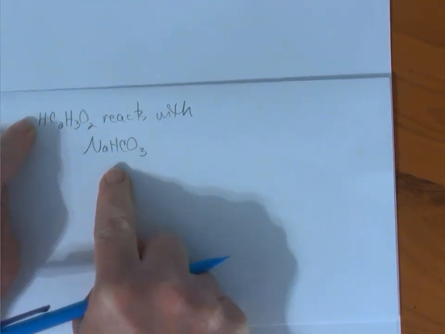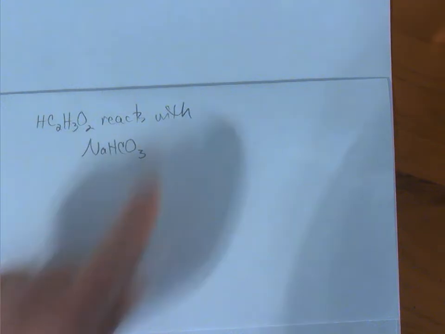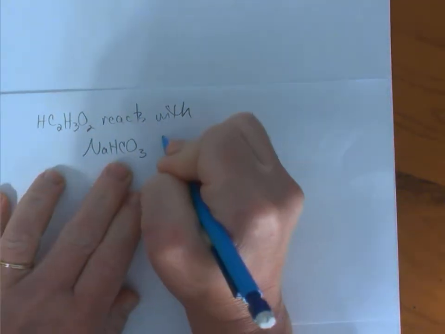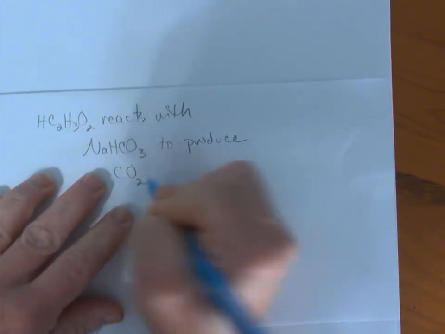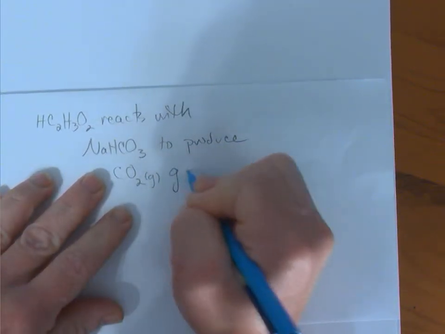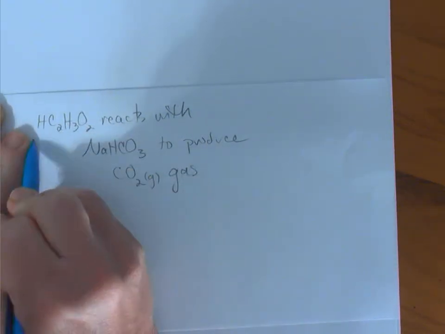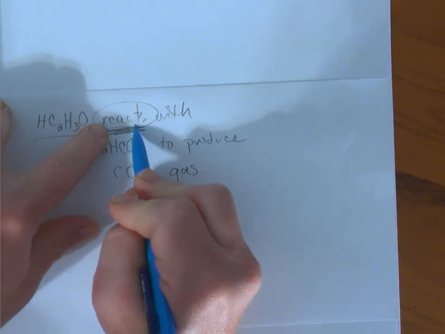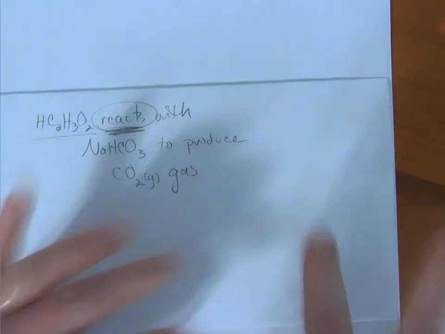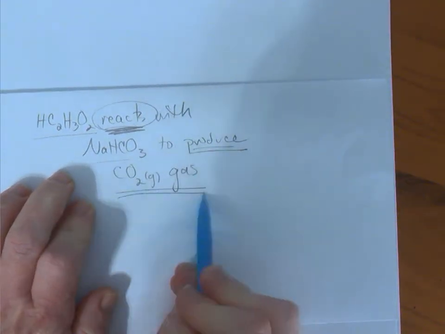Of course, if you would read either the formula or vinegar reacts with baking soda to produce carbon dioxide, or a gas. So vinegar reacts, that's kind of a clue that you're undergoing a chemical change with this to produce carbon dioxide gas.